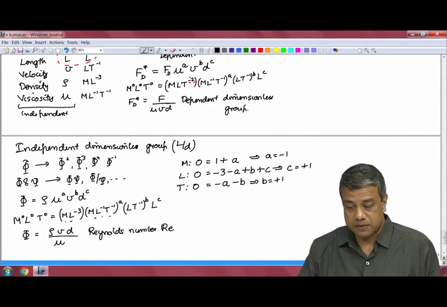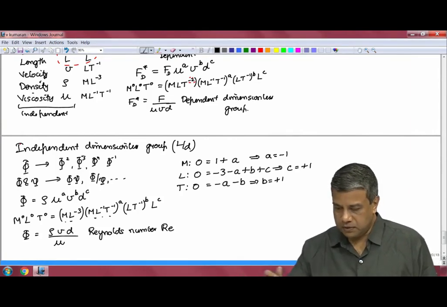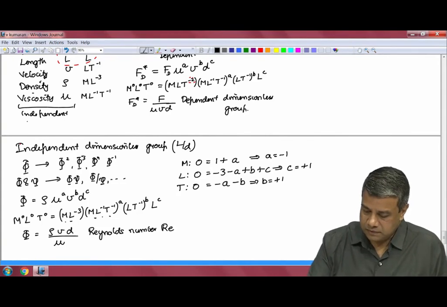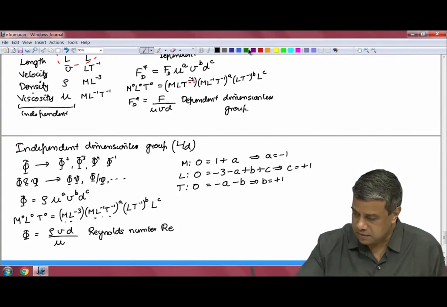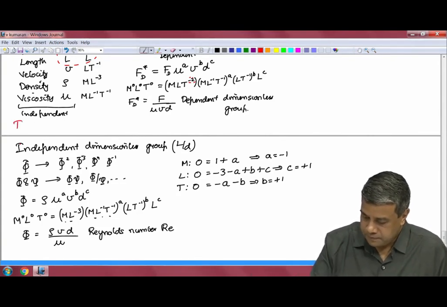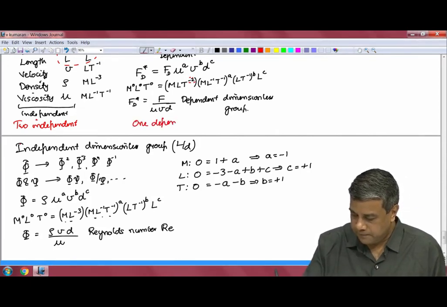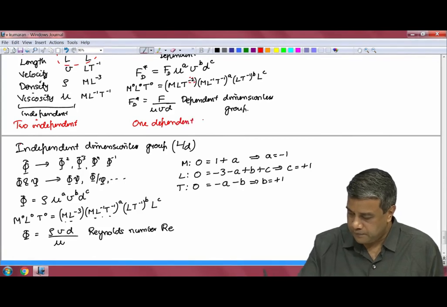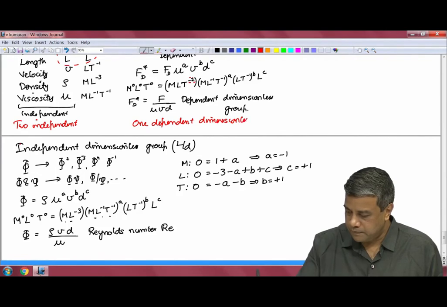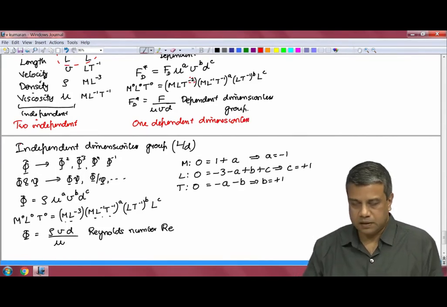So, that is the second dimensionless group, and I told you here that there is a total of 2 independent dimensionless groups and 1 dependent dimensionless group.